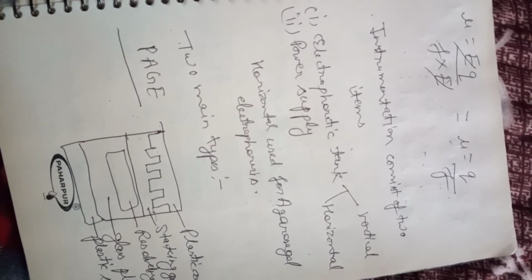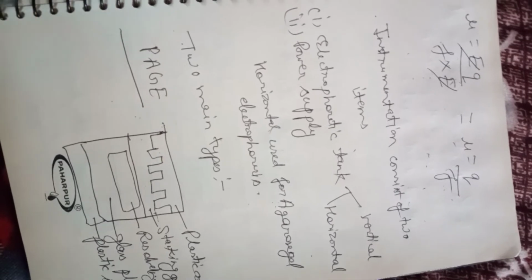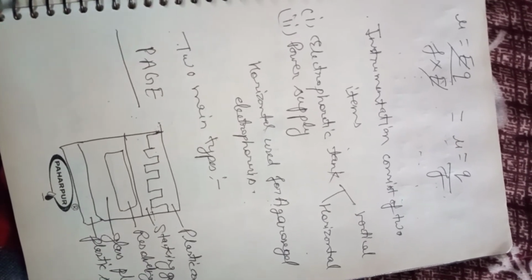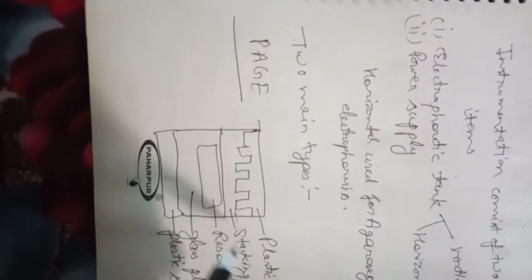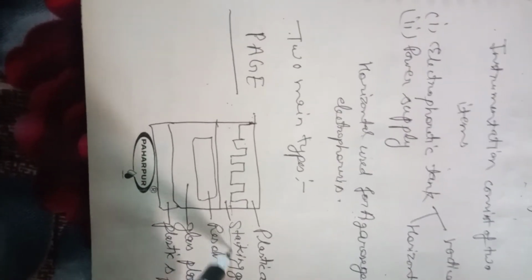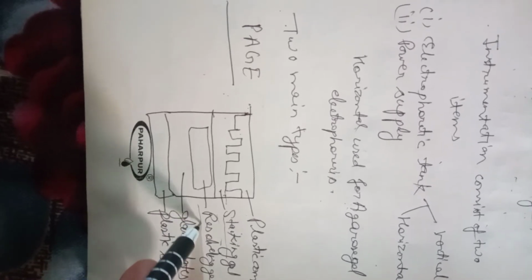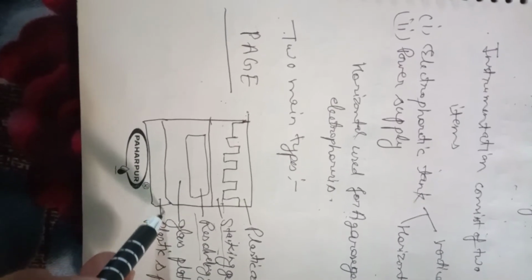It creates wells inside the gel in which protein samples are loaded. This is the polyacrylamide gel electrophoresis tank, which contains the plastic comb, stacking gel and resolving gel, glass plates and plastic spacer.